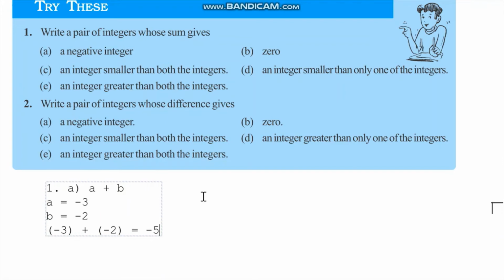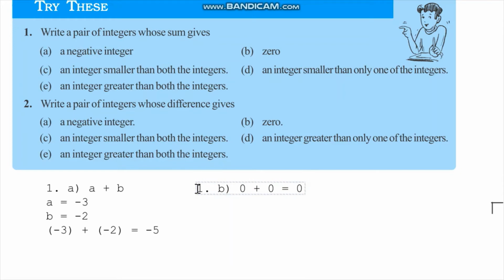Now let us try to solve question B, where they want us to find integers whose sum is equal to 0. A very easy example for this is 0 plus 0 is equal to 0. You can take both a and b to be equal to 0.